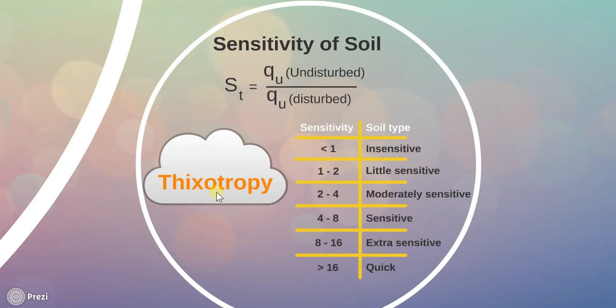Now let us go to thixotropy. What is thixotropy? The loss of strength of a soil due to remolding is partly due to change in the soil structure and partly due to disturbance caused to water molecules in the adsorbed layer, as we have talked previously. Some of these changes are reversible.